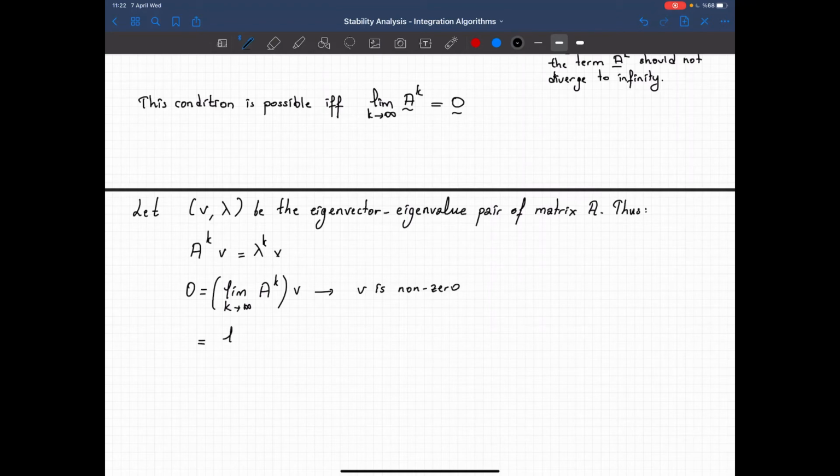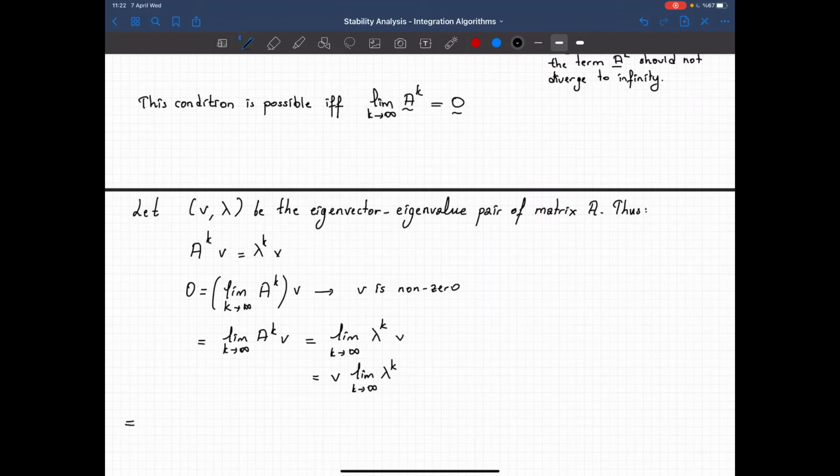So I can just say the limit as k goes to infinity of A^k times V is equal to the limit as k goes to infinity of the eigenvalue to the power k multiplied with the eigenvector. Since eigenvectors are non-zero, I can rewrite the following as V times the limit as k goes to infinity of lambda to the power k.